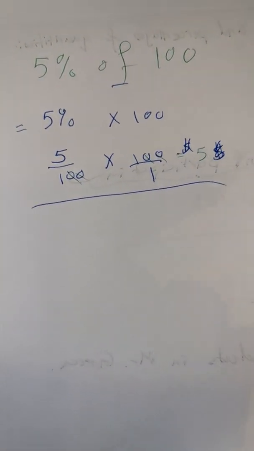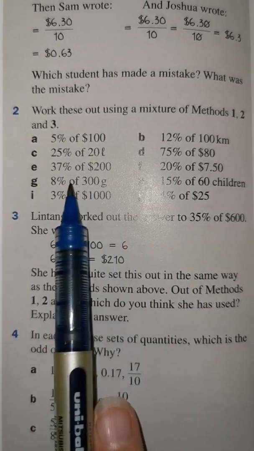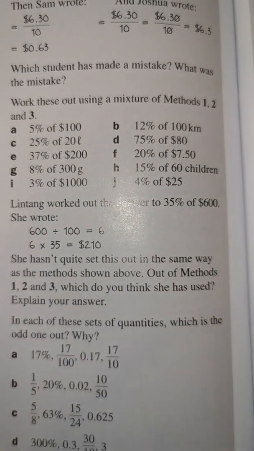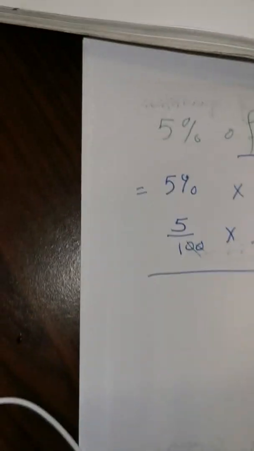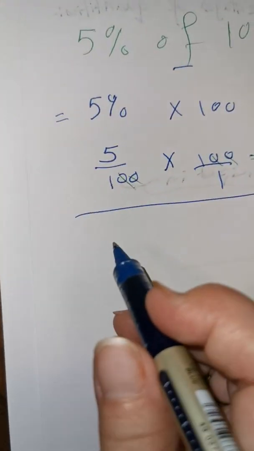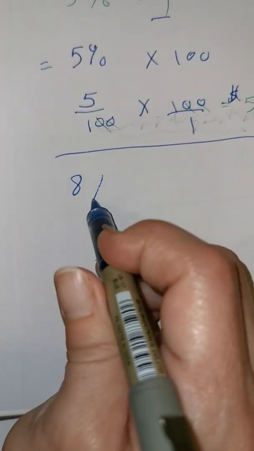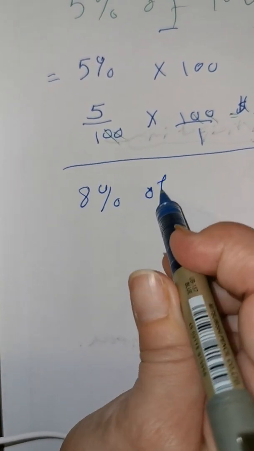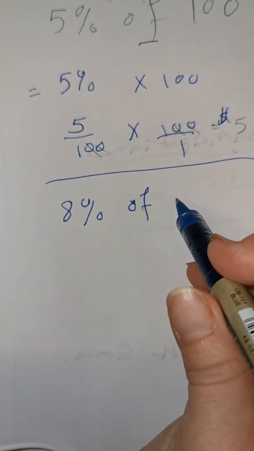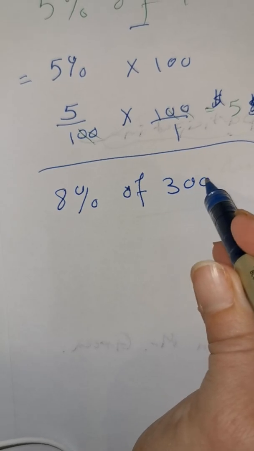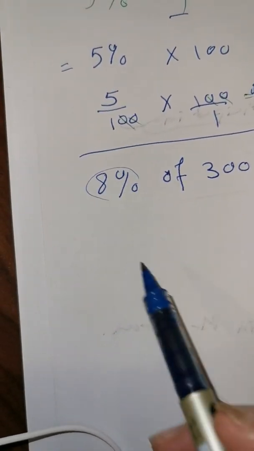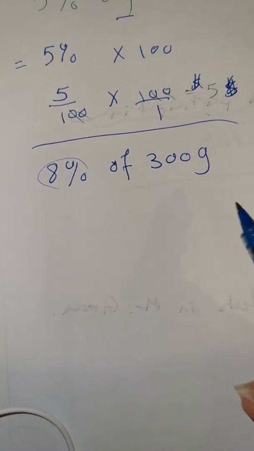Okay. One more example. شوفوا هاي 8% of 300 grams. Again, 8% of 300 grams. Again هاي percentage ما إلها unit وهون grams, so الأنسر راح تكون grams.